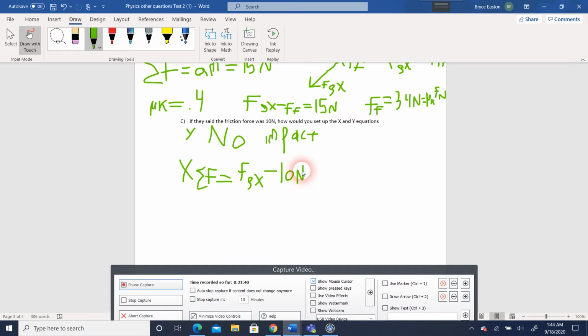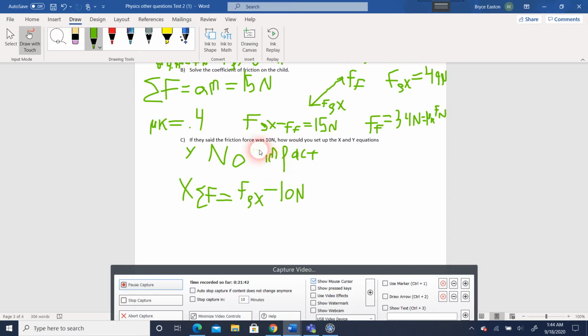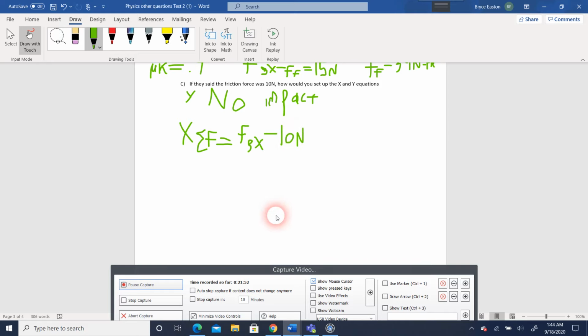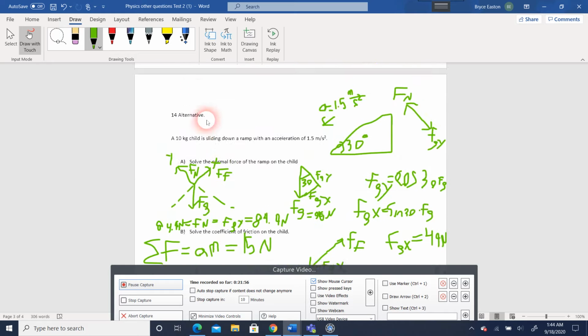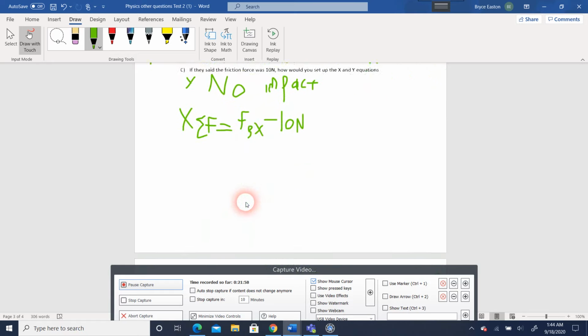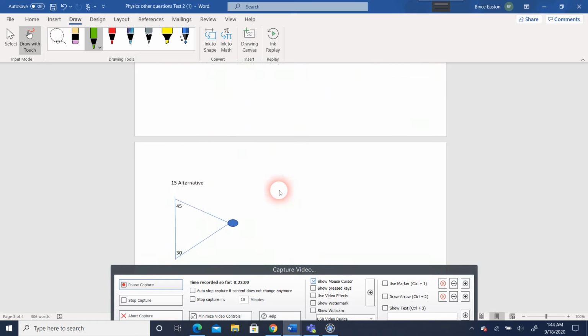It wouldn't change a whole lot. It wouldn't change anything in the y, and for x we would just substitute in a different value. And alright, that was problem 14, or just the second problem.